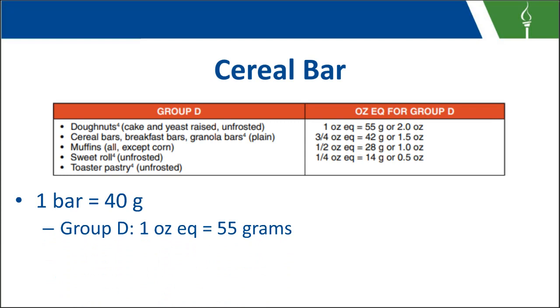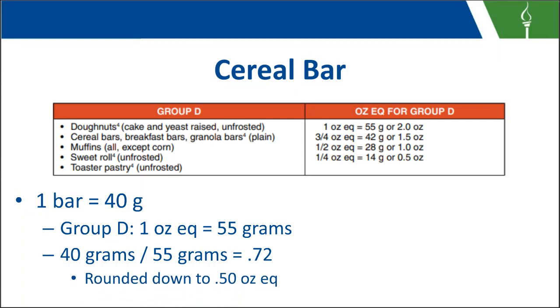So to convert our 40 gram cereal bar over to ounce equivalents, we'll take the actual weight of the product divided by the ounce equivalents, so 55 grams per ounce equivalent, which is going to give us 0.72. And since that does not meet that 0.75 quarter ounce equivalent, we do need to round that down to 0.5 ounce equivalents.